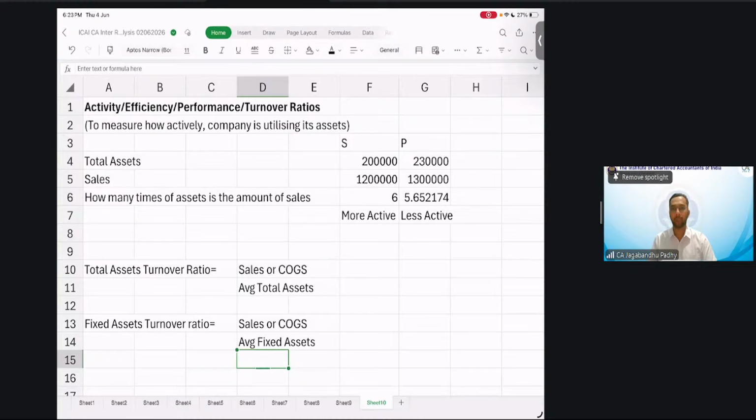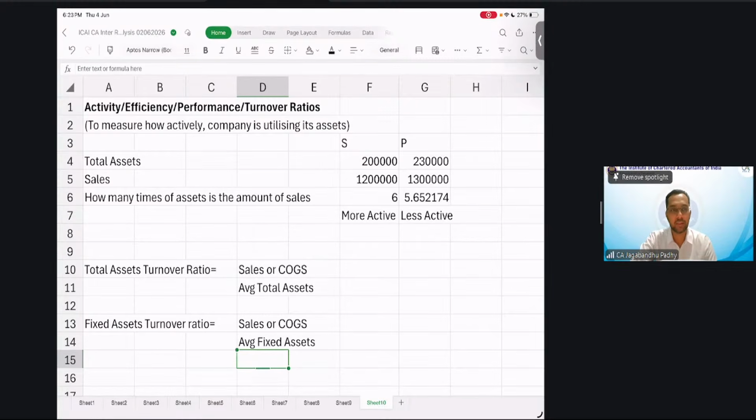Average means basically opening and closing, because total assets or total fixed assets will vary, right? Opening value and closing value will be different. So we will take the average of both opening and closing. Fine.